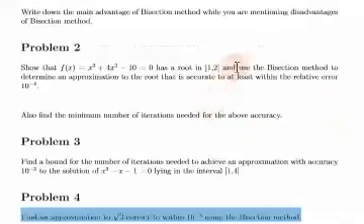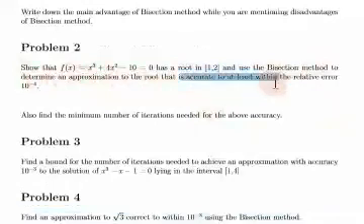And the next one: use the bisection method to determine an approximation to the root that is accurate to at least within the relative error 10 to the minus 4. So let's do that part.